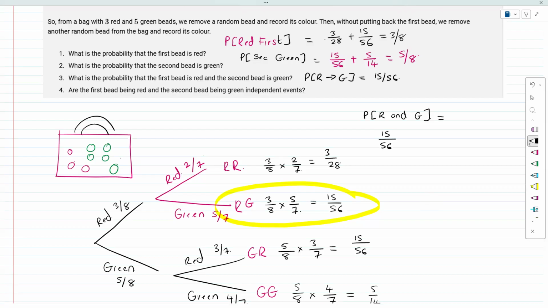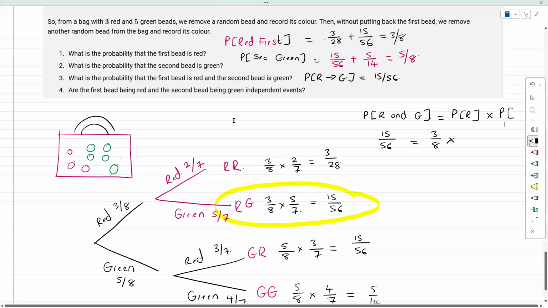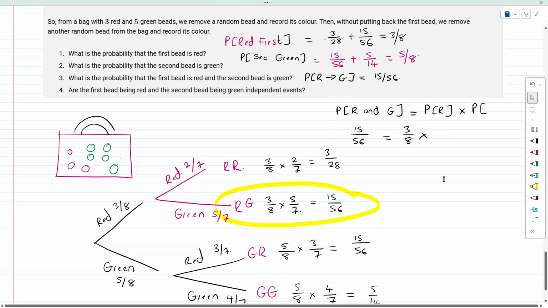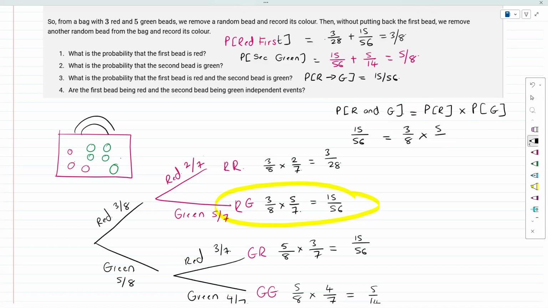And is that equal to the probability of the first bead being red, which we know as well because that's 3 over 8, multiplied by the probability of the second bead being green, which we calculated, 5 over 8?